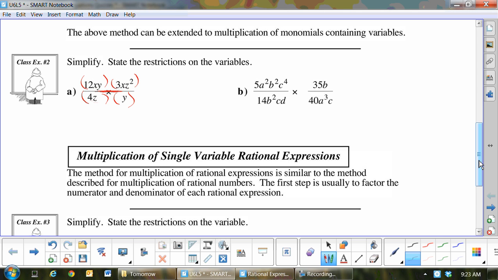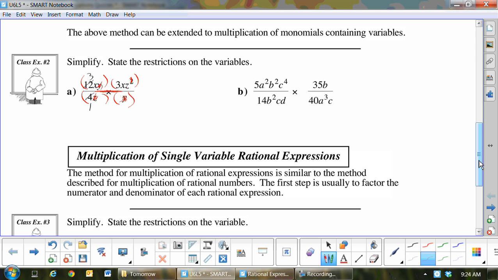We can divide each by 4, correct? So that's going to be 3, and that's going to be 1. Do you see how there's 1 y on the top, 1 y on the bottom? Gone. X's, there's none to cancel. But Z's, there's 1 Z on the bottom, 2 on the top. So that'll be gone, and here I'll put a 1, right? Because there was Z squared.